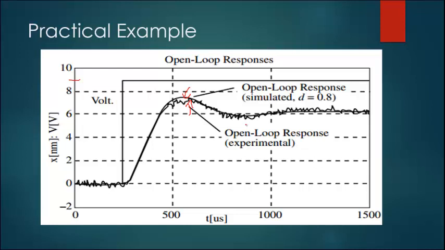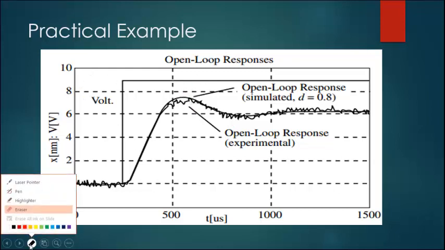We calculate the zeta, the damping factor, and the omega n, the natural frequency, and from that we calculate the transfer function and the gain and so on, and we end up with a model.